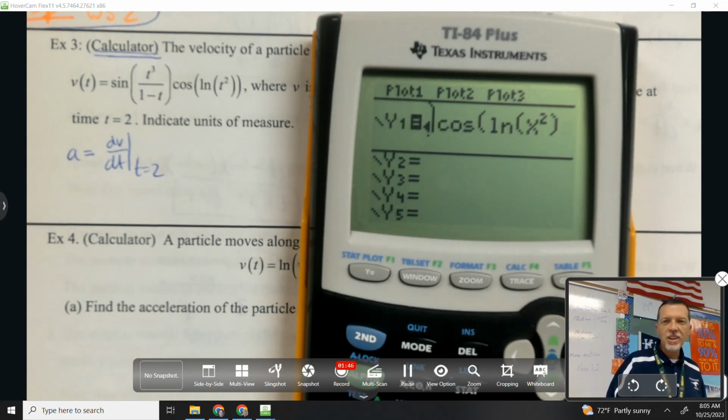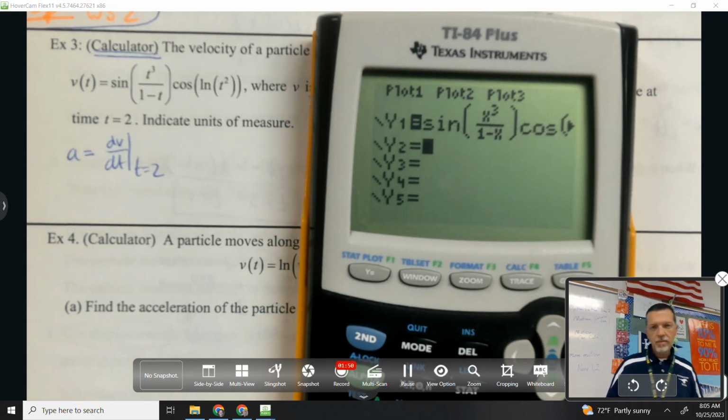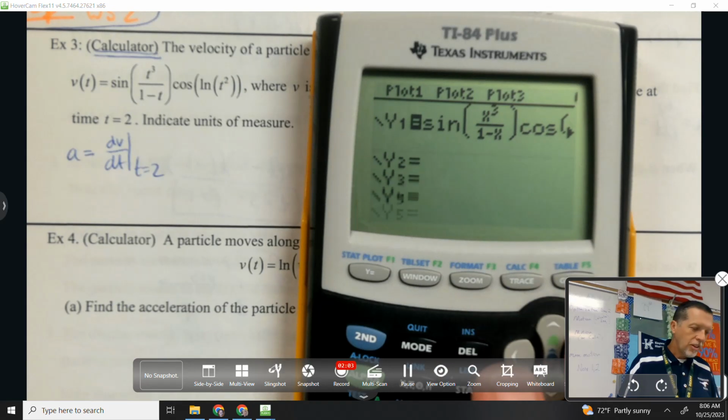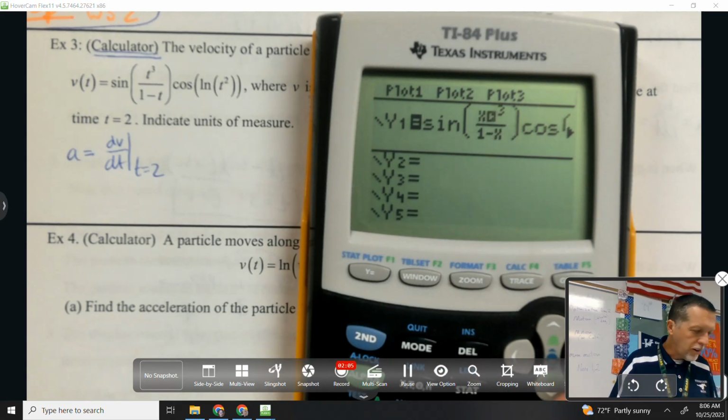Close the natural log, close the cosine, and I think I've got my equation in there correctly. You guys know this, but anytime you're using the calculator, take that extra 3 seconds to verify that you typed it in there the right way, because your calculator is not going to mess anything up. It's only going to be if you type something in there wrong.